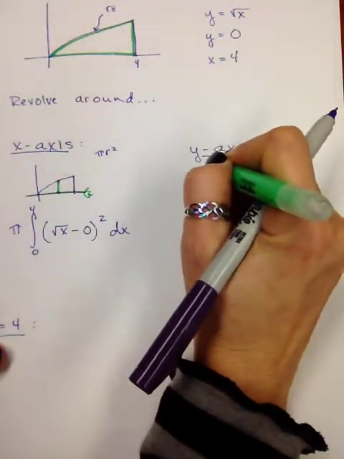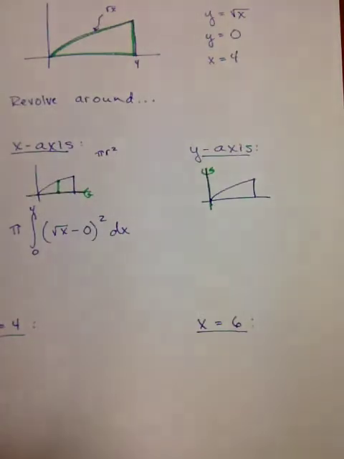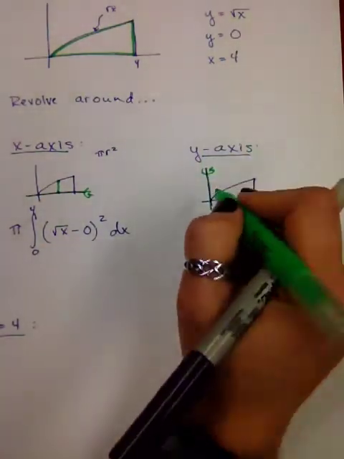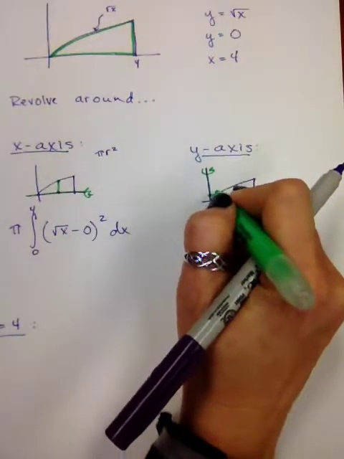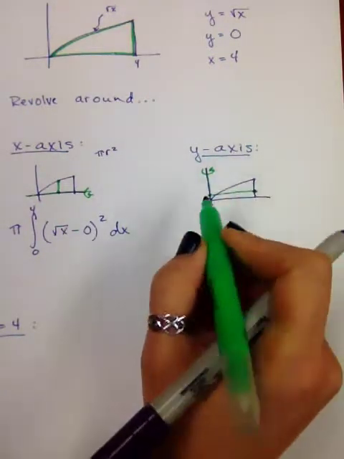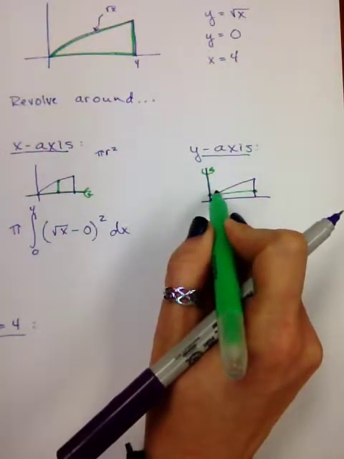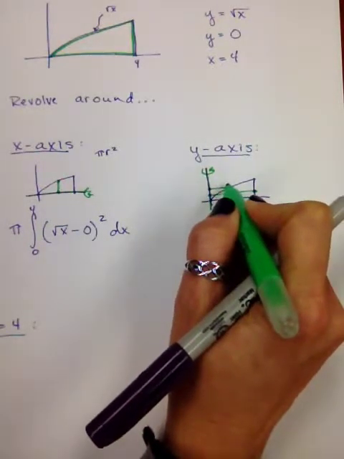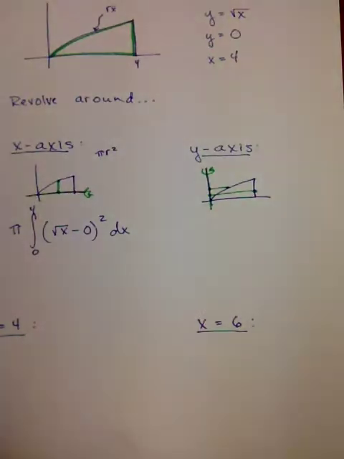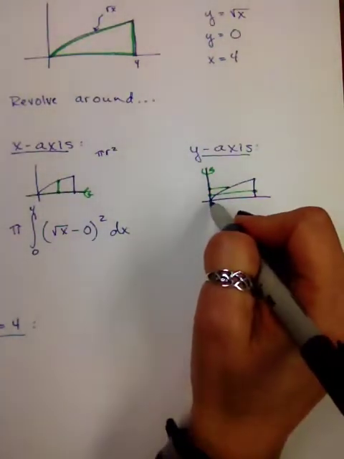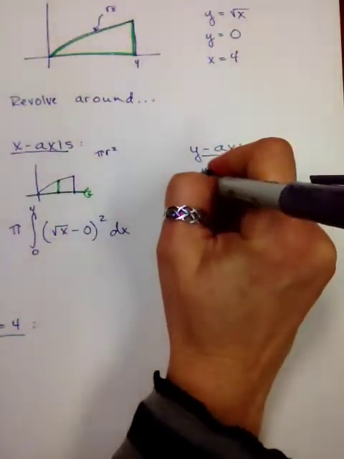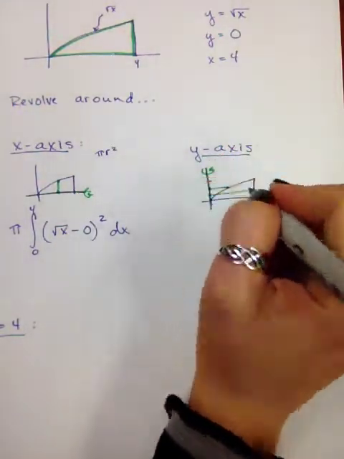This is my axis of revolution, and then I'm going to draw my radius on. I start on my axis of revolution and go to the outer edge of my figure, and you can see that I hit my figure along the way, which means there's some open space, so I'll draw a second radius in there. The radii can be drawn anywhere from where your figure starts to where your figure stops. They're just representative.